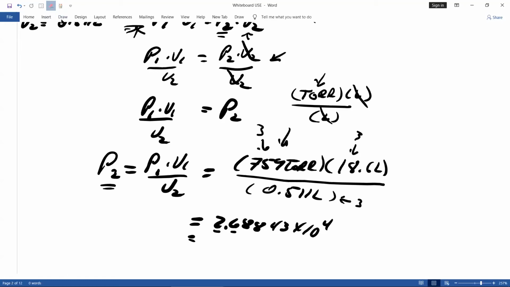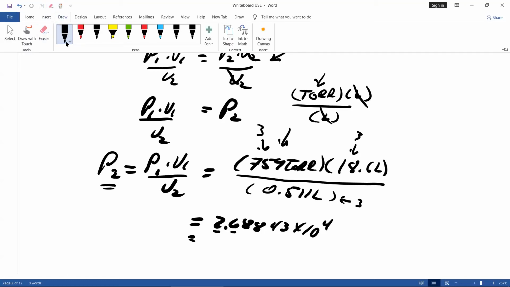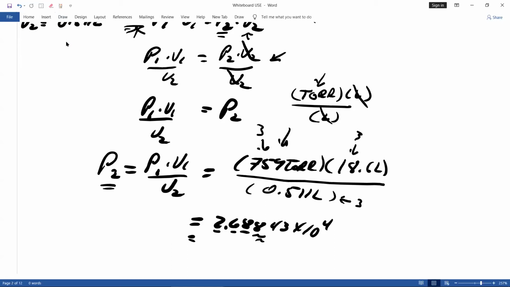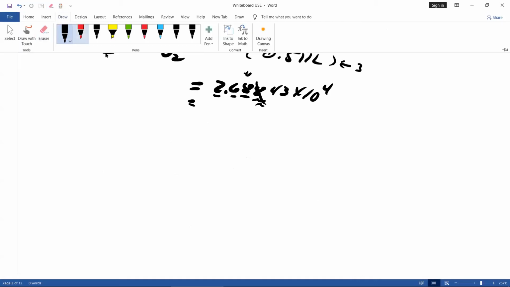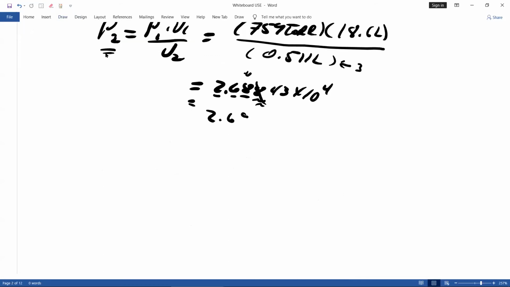Getting ahead of myself, which happens. Keep the 8, use the 8 to round off. Is that 4 or less, or 5 or higher? 5 or higher, increase that by 1. And the answer is 2.69 times 10 to the fourth torr.